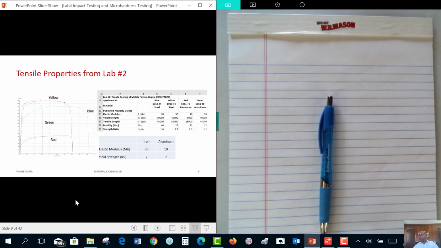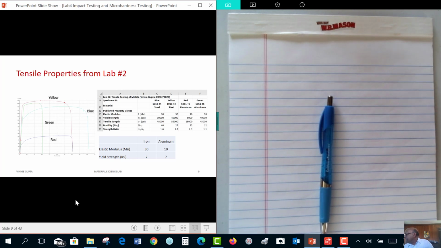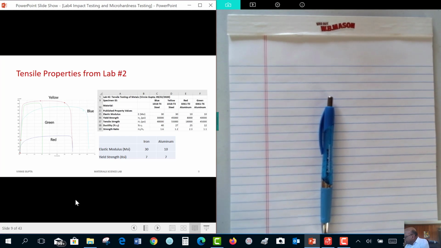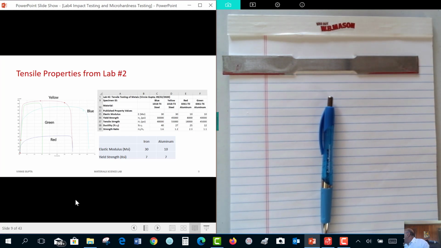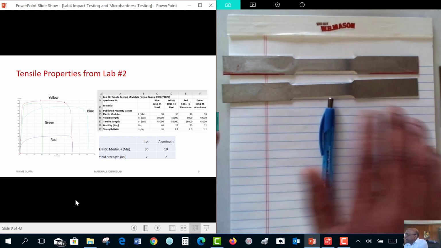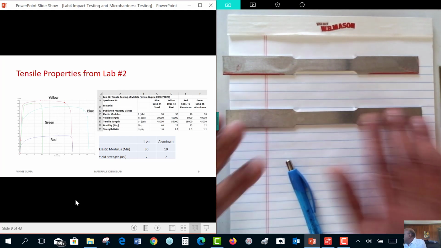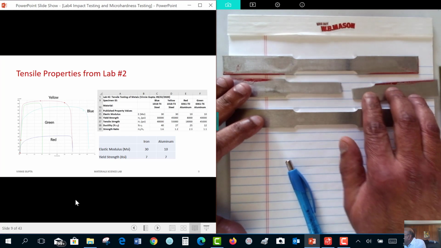And here is what we did. It appeared that there was some confusion, as I gathered from the lab report. So what did we have? We had two steel samples and two aluminum samples. For my aluminum samples, I had a red and a green sample. We took this red sample, put it in the tensile testing machine, and broke it in two pieces.